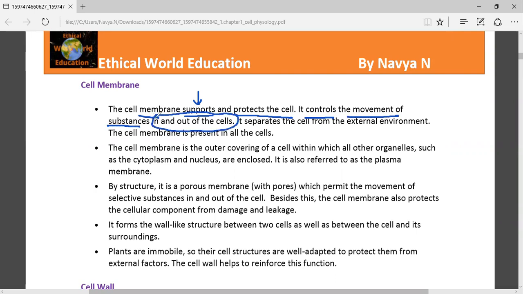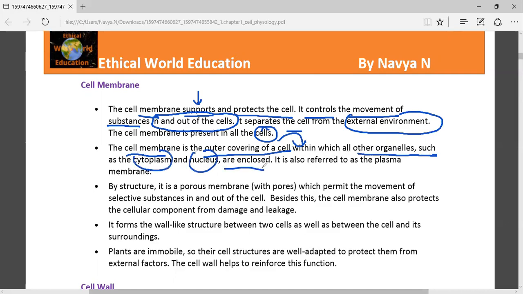It also separates the cell from the external environment. The cell membrane is present in all the cells, and it is the outer covering of the cell, within which all other organelles such as the cytoplasm and the nucleus are enclosed.